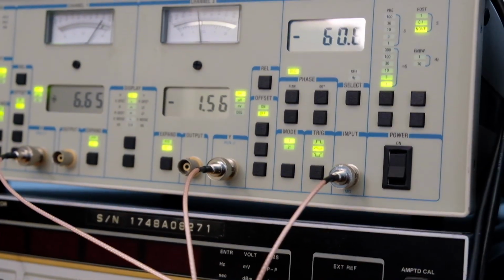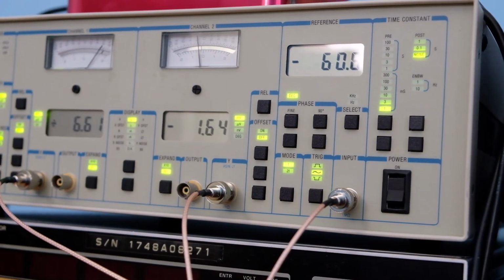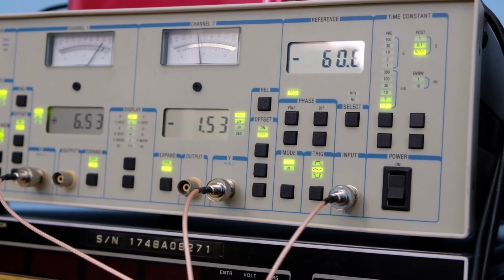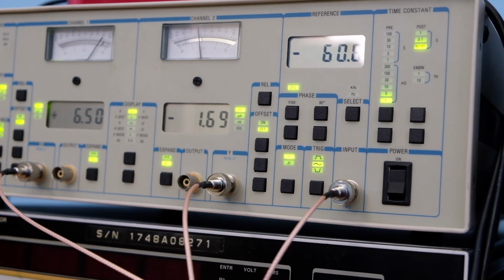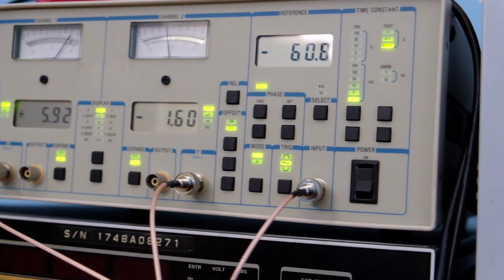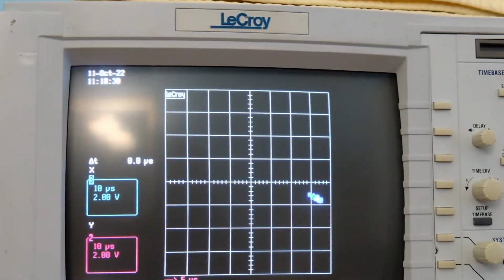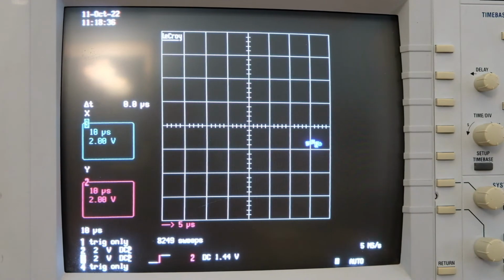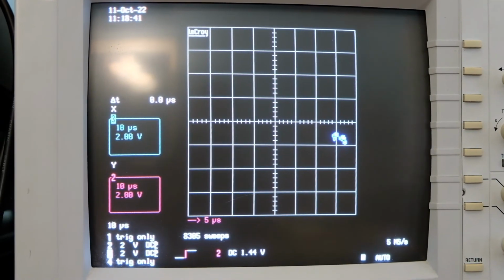As you can see, the amplitude is slightly lower on the X, and the Y is minus 1.5 millivolts. I'm keeping the same reference phase as 60 degrees, 61 degrees. So this is the case where we have this 1 millisecond time constant.